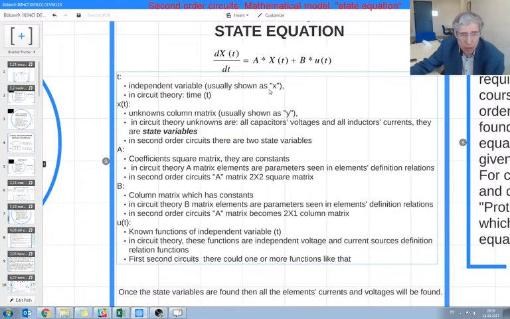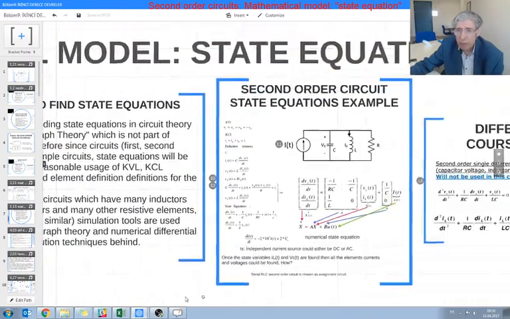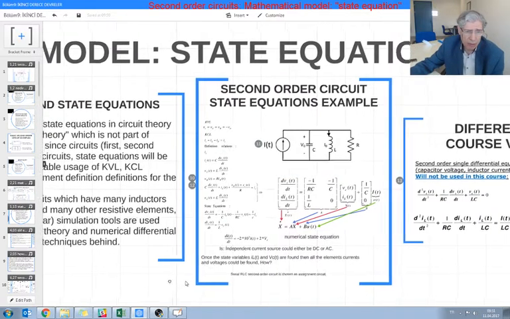What is the coefficient? The coefficient is going to be the A matrix, we said. Inside this A matrix, we have the element parameters that we see in their definition relations. For example, a simple circuit that we are going to examine here is this one. In the A matrix, we are going to see R, C, L and R. These are the parameters that we see in the definition relations of these elements.